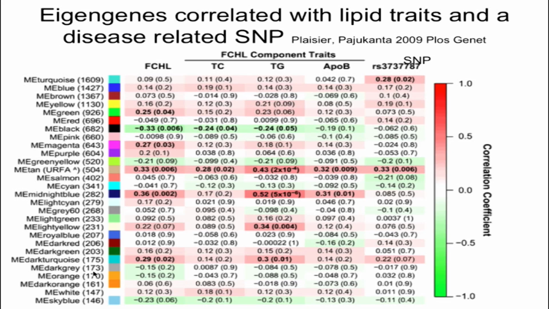If you do a multiple comparison correction for 50,000 tests, none of these results would be significant. However, we don't have 50,000 comparisons. We have here 28 modules. And if you do a Bonferroni correction for 28 comparisons, that will still be highly significant, which is why it could be published.